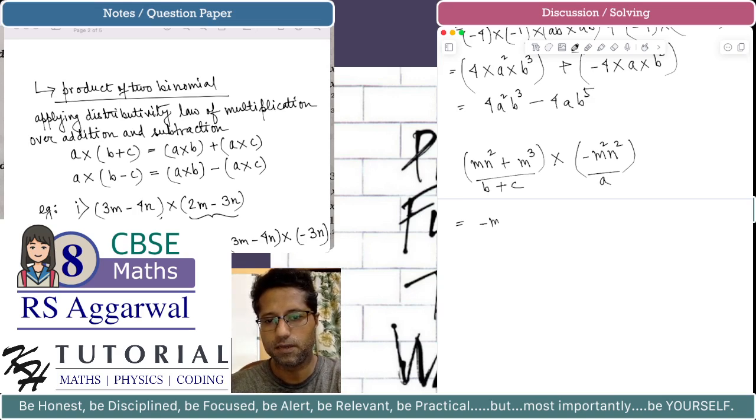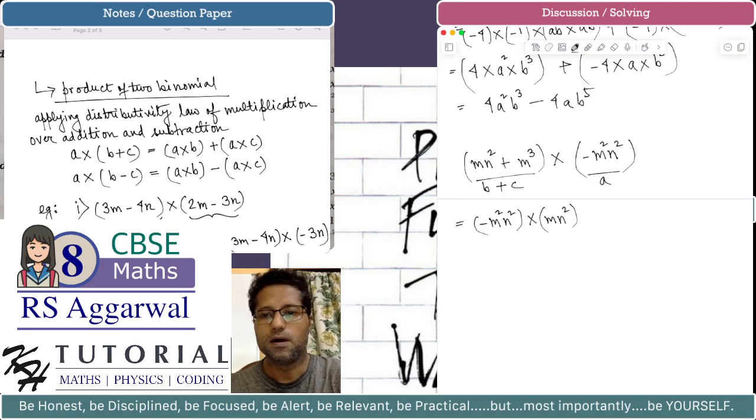A is minus m square n square. A into B is m n square, and then plus A into C, which will be minus m square n square multiplied by C. In this example C is m cube.